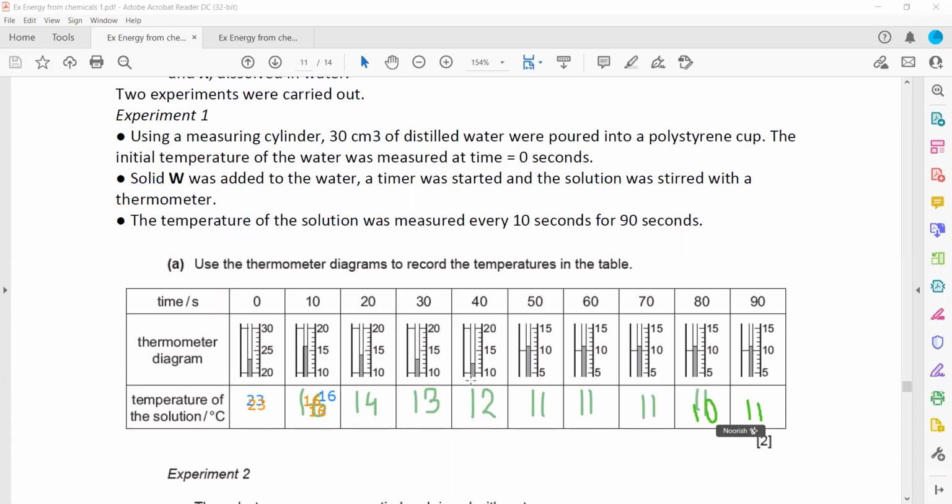So these are the temperature values 23, 16, 14. What we are observing is that the temperature of the solution is decreasing. If the temperature of the solution is decreasing, what can we conclude? Is the reaction endo or exo?